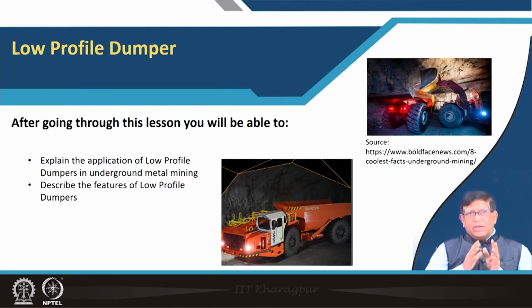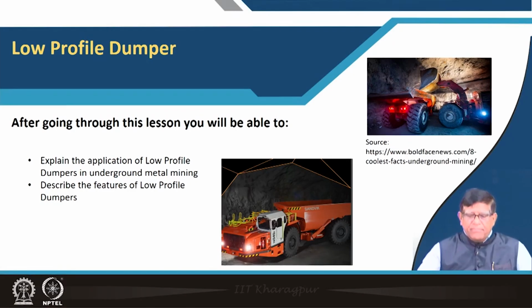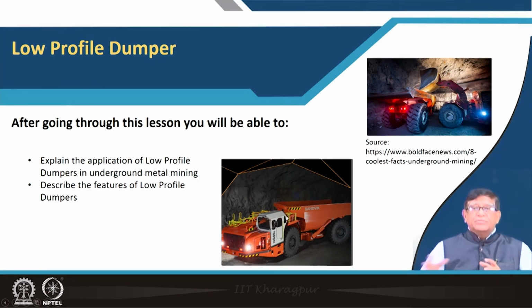In underground mining, the biggest problem is maneuvering the equipment. That is why, as you can see in the figure, this truck, which has a box for dumping, is hydraulically articulated at the connection between the box and the front part. This is an articulated type of dump truck.